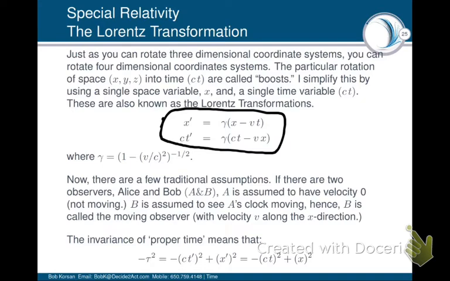And in a version of the presentation that I'm going to send to you, I'll have an appendix that shows that this invariance in proper time follows the Lorentz transformations.